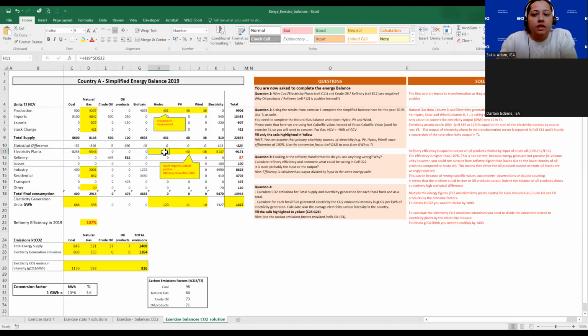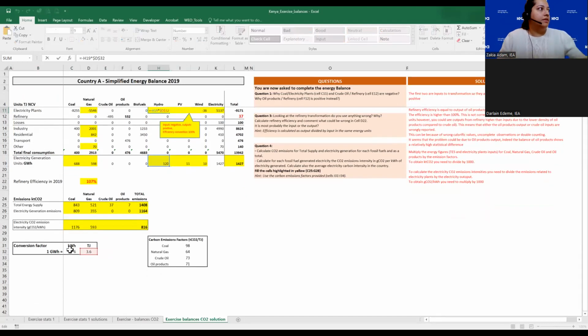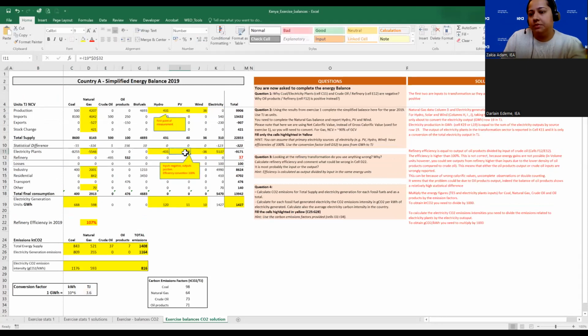So here we just need to convert from gigawatt hour to terajoule, because your electricity generation is in gigawatt hour, but your table is in terajoule. So we multiply by the appropriate conversion factor, and it's given that 1 gigawatt hour is 3.6 terajoule. Given that it's 100% efficiency, it's a direct conversion. You convert each fuel to terajoule.